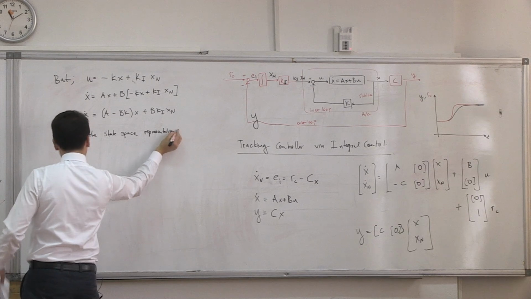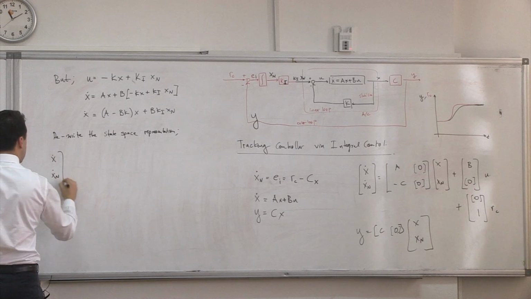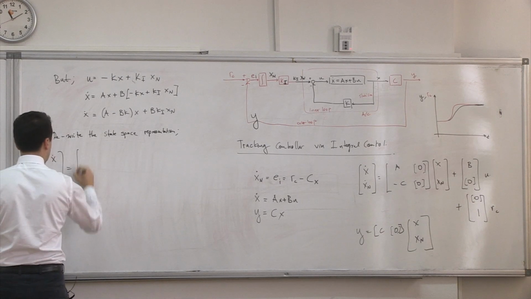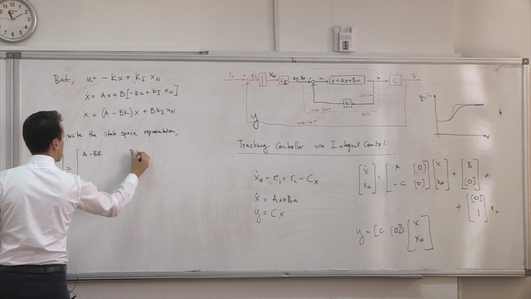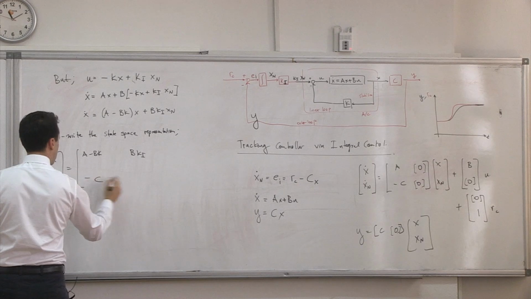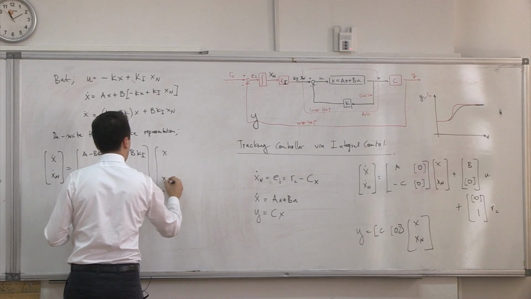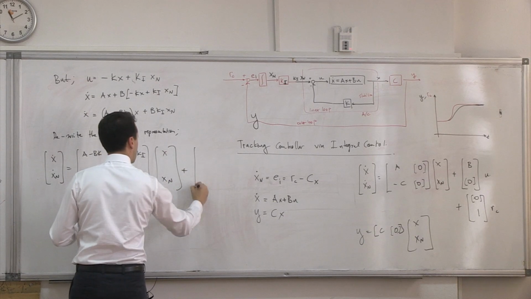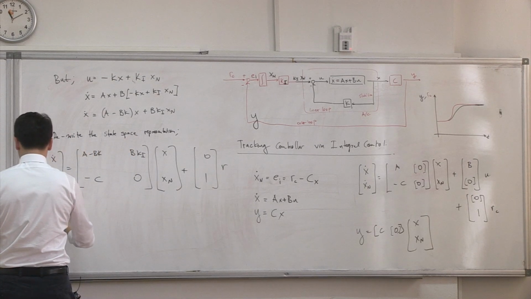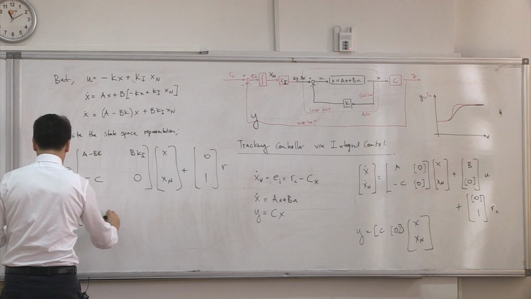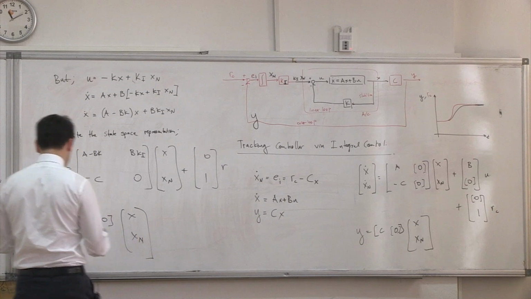Rotation. And you obtain this. x dot is equal to xn dot, A minus bk times ki, minus c 0 x, 1 r, y is equal to c 0 x, xn.